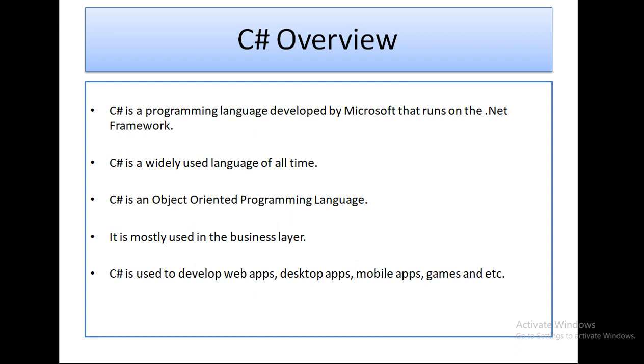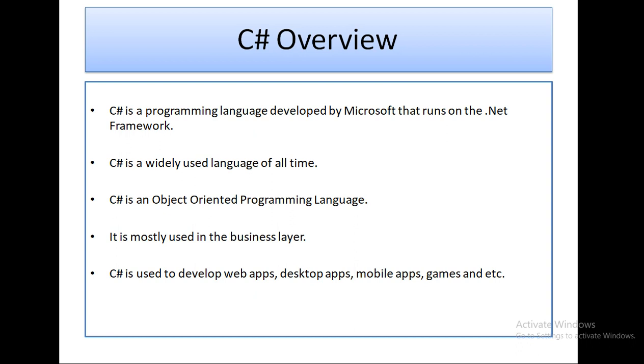Now you guys must have a question, what is a business layer? If you know what a business layer is, then that is fantastic. But for those who don't know, don't worry about it. We will have a completely different session based on this.